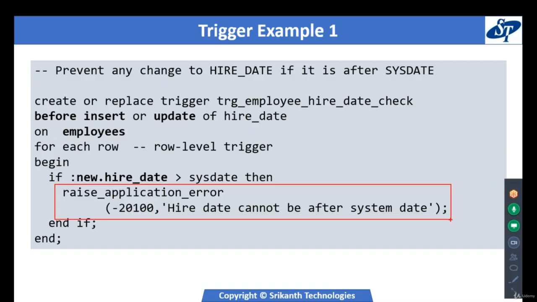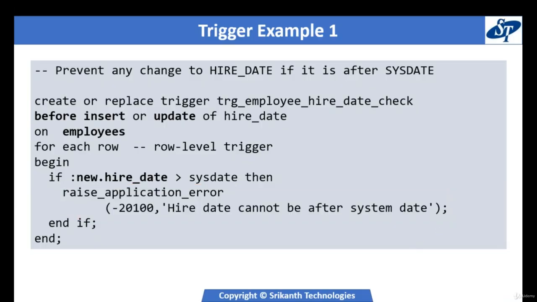That is how I explicitly terminate this PL SQL block unsuccessfully. And when it is terminated unsuccessfully, the operation is aborted here and it won't proceed any further, and it also rolls back all the changes made in this transaction. Now, this is how you create a trigger.